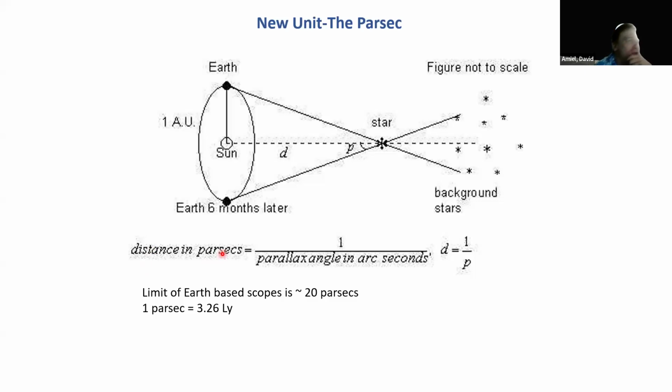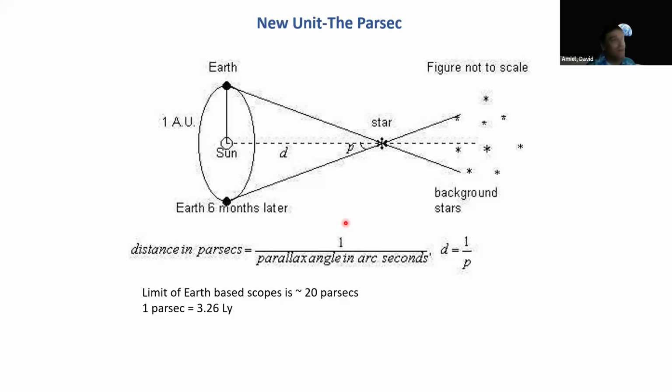The distance in parsecs, a parsec is 3.26 light years. So that's about 30 trillion miles. And you see that the distance in parsecs, you're seeing D here, is just 1 over the parallaxic angle. That's it.